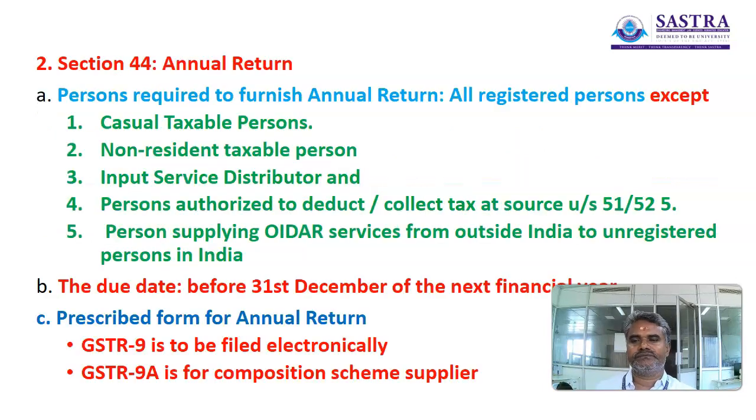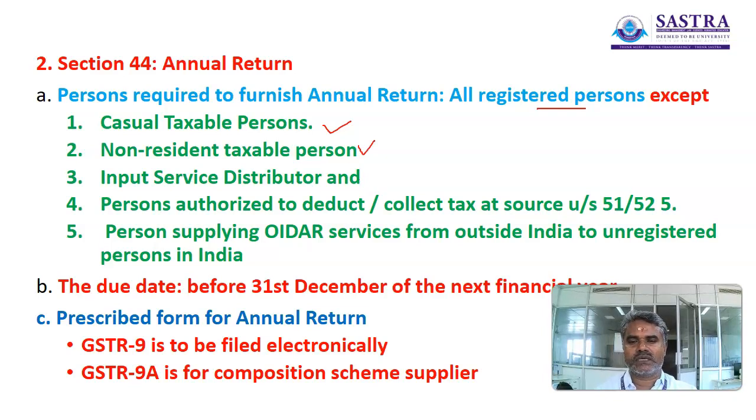Okay. Then, section 44 is annual return. Persons required to furnish annual return, all registered persons except casual taxable persons, they need not file annual return. Non-resident taxable person, no, not necessary.